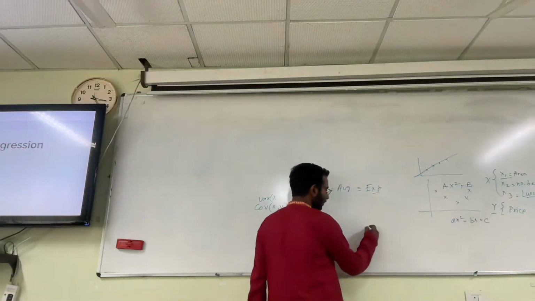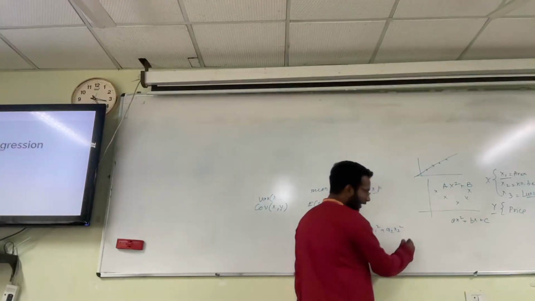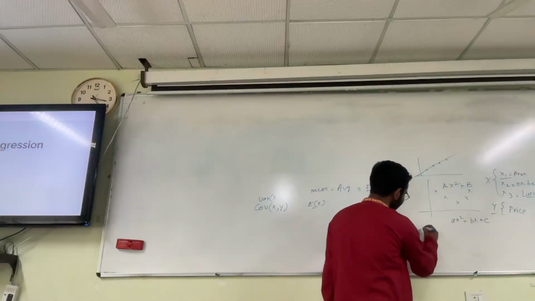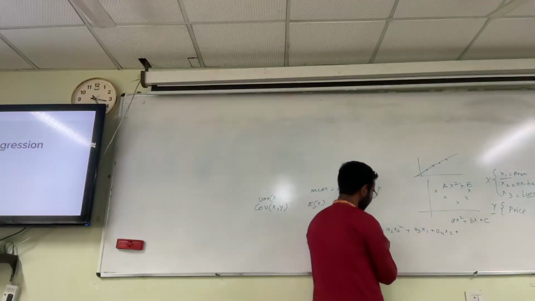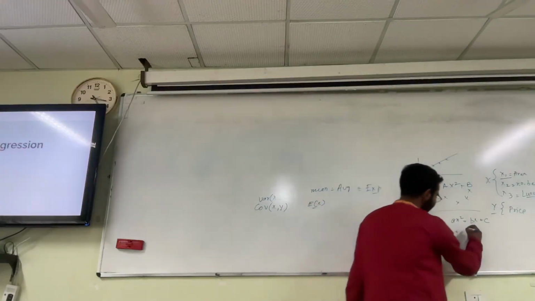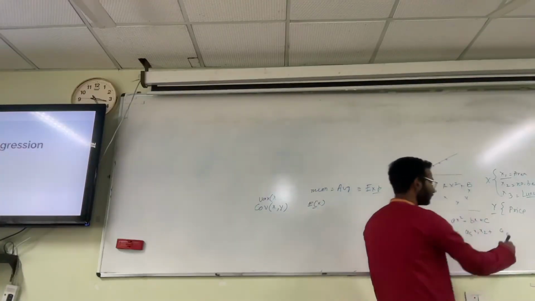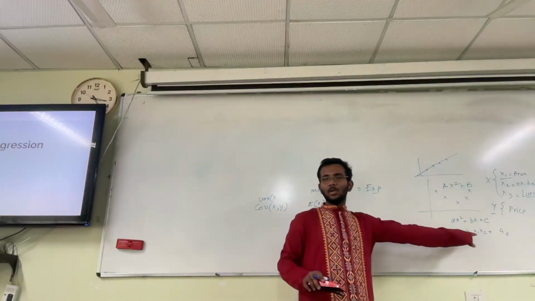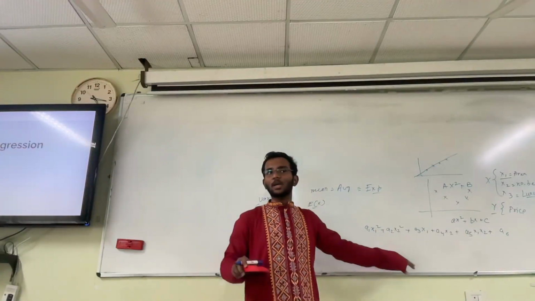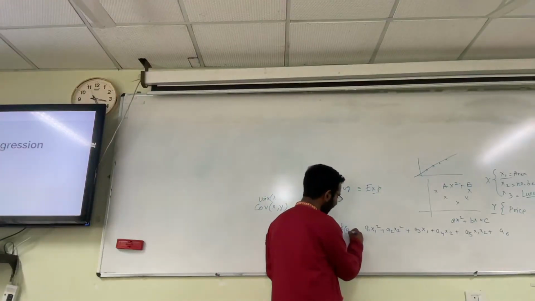So what you have to do is a1 x1 square plus a2 x2 square plus a3 x1 plus a4 x2 plus a5 x1 x2 plus a6. Fine. You have all the combinations of x1 x2 and this equation that I am supposing is known as the hypothesis, H of x, with the a_i.